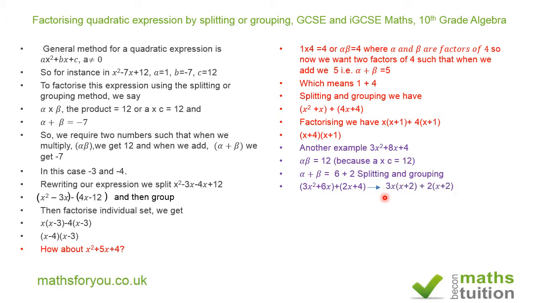Now, when I factorize, I get 3x into x plus 2 for the first set, and 2 into x plus 2 for the second set. When you tidy up, because they have x plus 2 as a common factor, we end up with 3x plus 2 into x plus 2. And that's our answer.